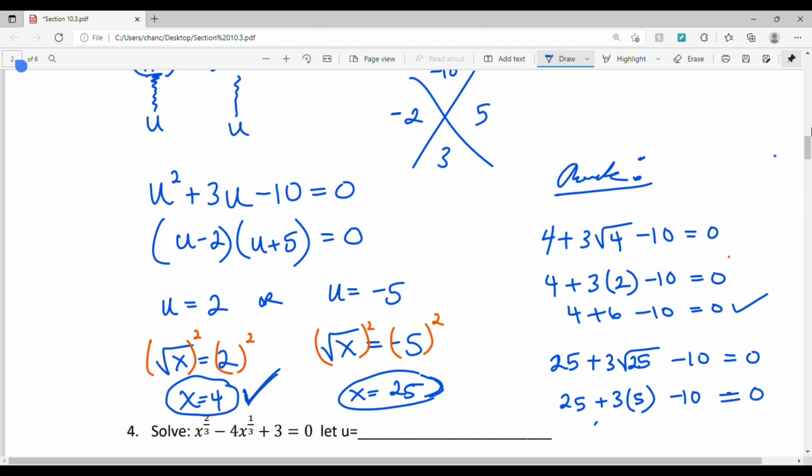On the left side, you have 25 plus 15 minus 10. That's clearly not equal to 0. So 25 doesn't work. It's an extraneous solution, but we only got that right because we checked our work. So don't forget to check your work when you're squaring both sides of an equation.